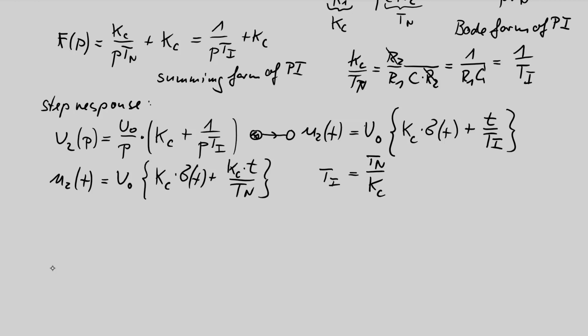The drawing of the step response is a typical step response of a PI, looking like the following curve: 0 for the starting phase for negative times.